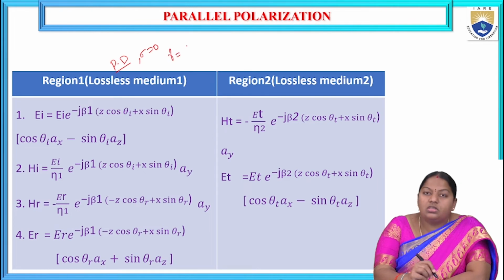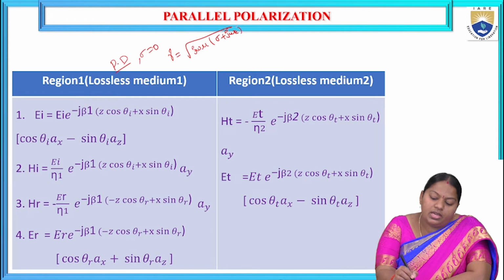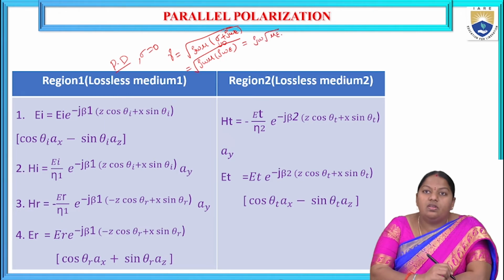For the sigma equal to 0 case, the propagation constant gamma, according to the propagation characteristics, can be written as gamma equal to under root of j omega mu into sigma plus j omega epsilon. If you substitute sigma by 0, then it is j omega mu into j omega epsilon, and inside the root, j omega into root over mu epsilon.